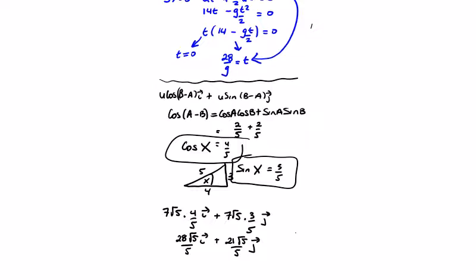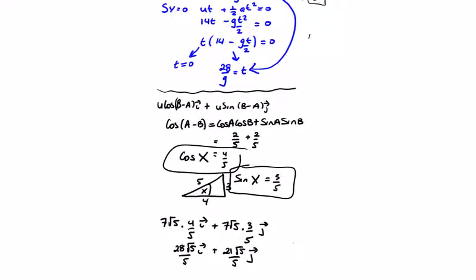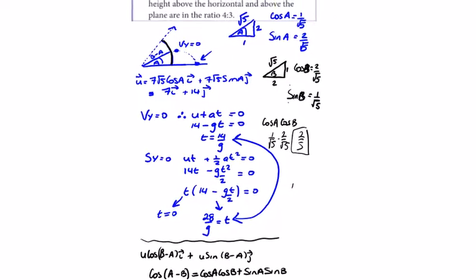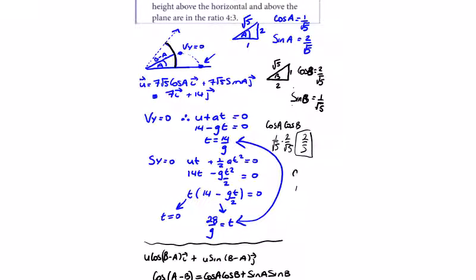Now for the greatest height, we need the velocity in y to be equal to 0. So the acceleration, just go back up to our diagram, is based on the angle A. The acceleration in the I direction is going to be minus g sine A, and in the j direction minus g cos A, which is the one we need.